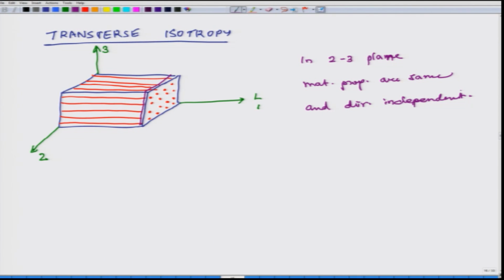So, that means this material is transversely isotropic in 2-3 plane.